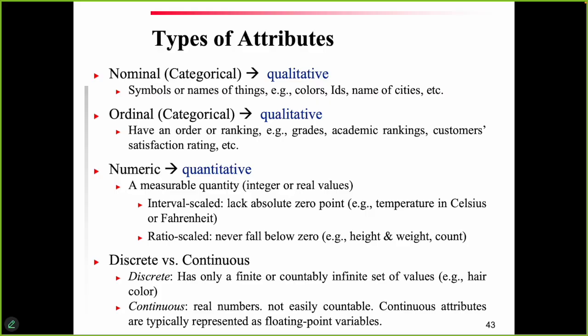Now, about numeric values, as I mentioned, we can measure them. They are just actual numbers that we can measure, and there are two types, interval scale and ratio scale. Interval scale, as you see here, lacks an absolute 0 point, for example temperature in Celsius or Fahrenheit. What do I mean by lacking an absolute 0 point?